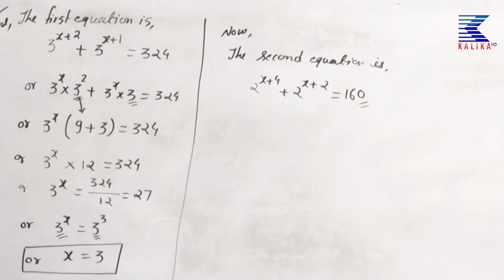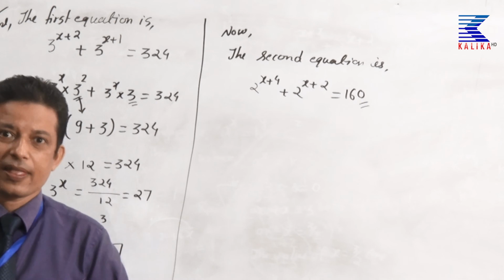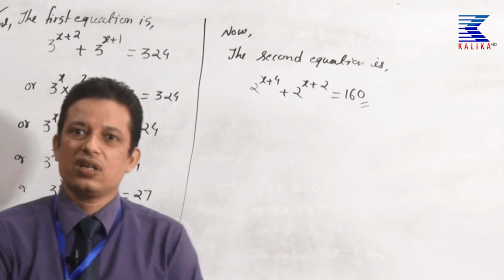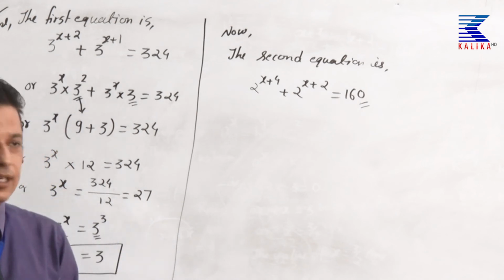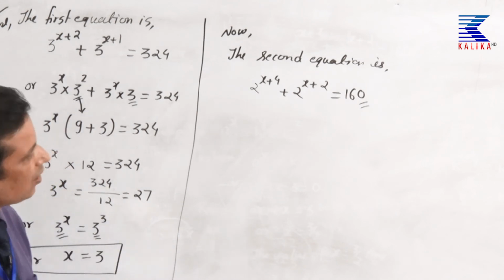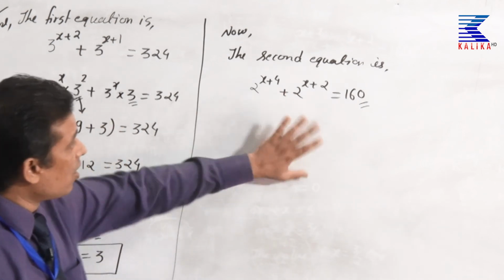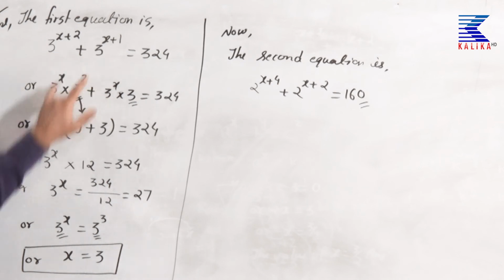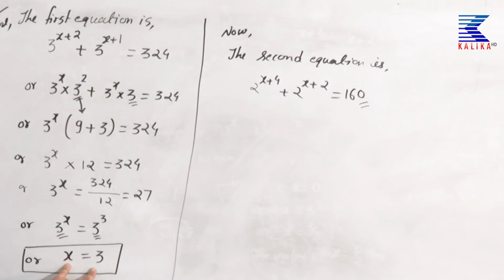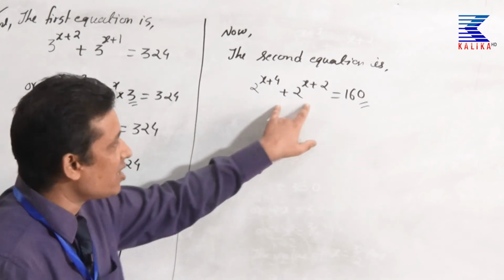I think, dear student, there should be 160. In the slide I had shown, the 0 is missing in this question as well. While typing, the 0 is missing. So the first equation is this, and the value of x we obtained from it is this. Now we are checking whether this value of x also satisfies this equation.